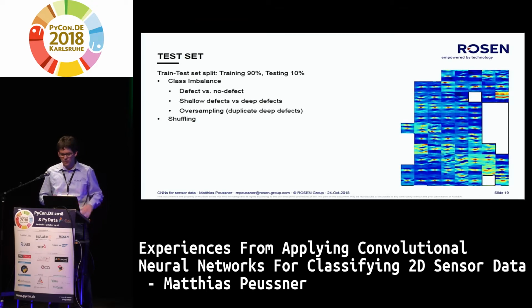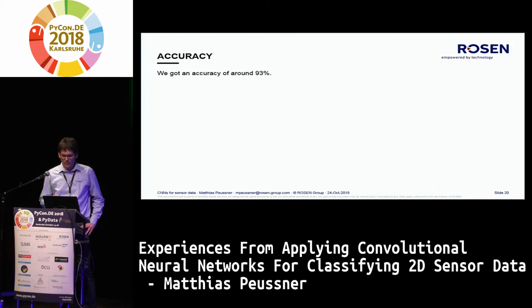And then afterwards my samples were shuffled. What I got as a result at that time is that 93% of the samples were correctly classified. This was the first result.